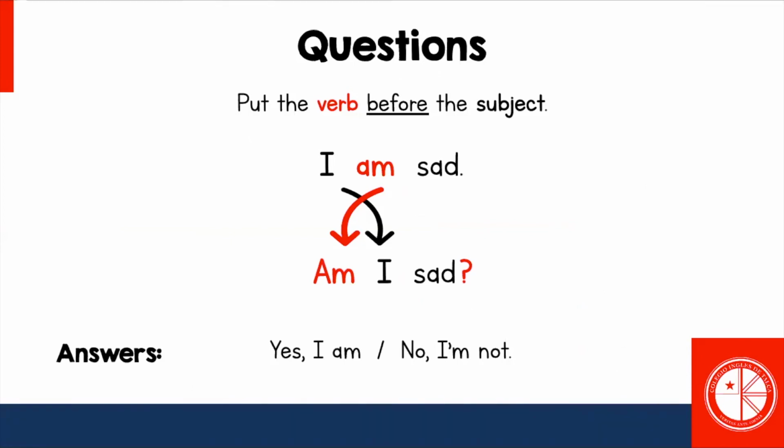So am is the verb and I is the subject. So I have to put am before I. I am sad becomes am I sad? And I add the question mark at the end. Am I sad? And I have to answer, yes, I am, or no, I'm not.